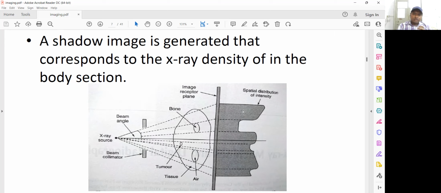And over here at the right side of this image receptor plane, we can clearly see the spatial distribution of intensity varying due to different body elements.